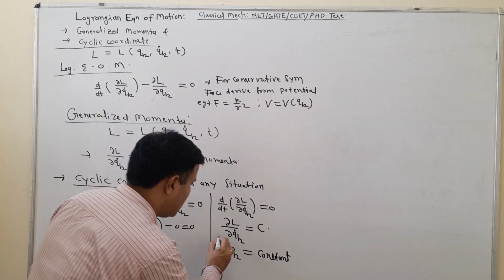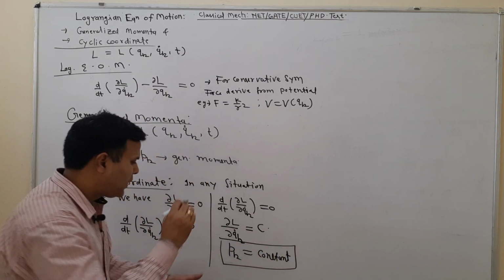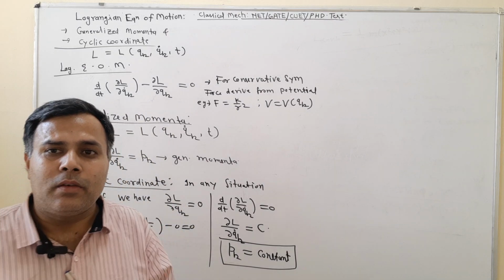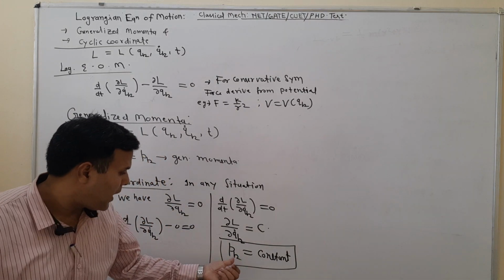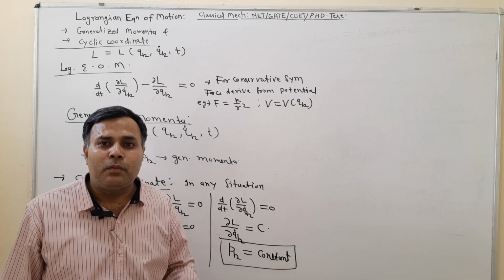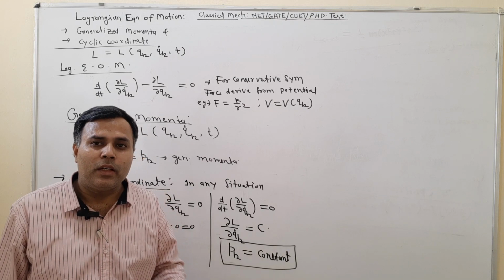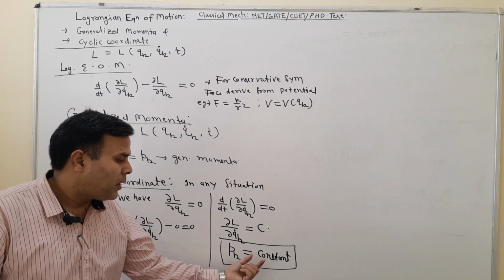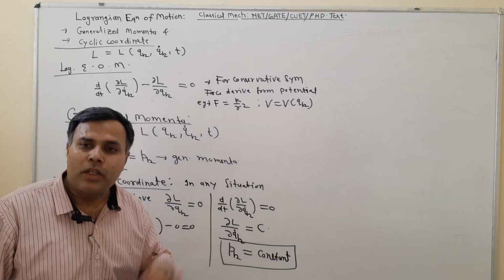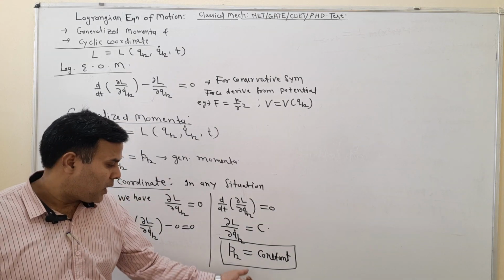Now this k is a running index, it could be x, y, z, so Pk could be px, py, pz, or pr, p theta, p phi, or pz, depending upon which coordinate system we are looking at. So this Pk is a constant of motion.